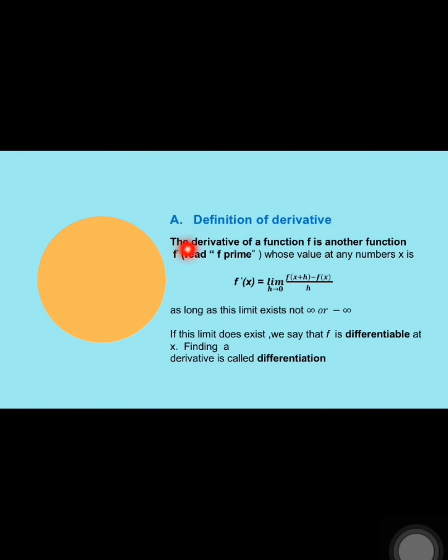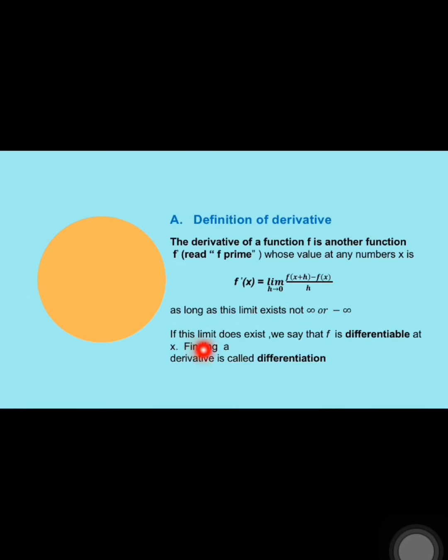The derivative of a function f is another function we cite as f prime, whose value at any number x is f prime x equal lim h approach 0 of f of x plus h minus f of x over h, as long as this limit exists, not infinity or negative infinity.